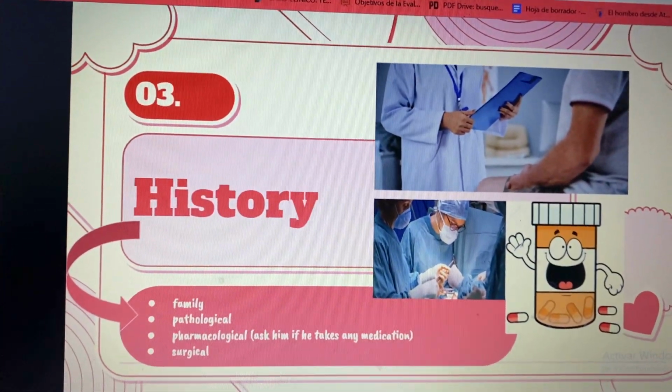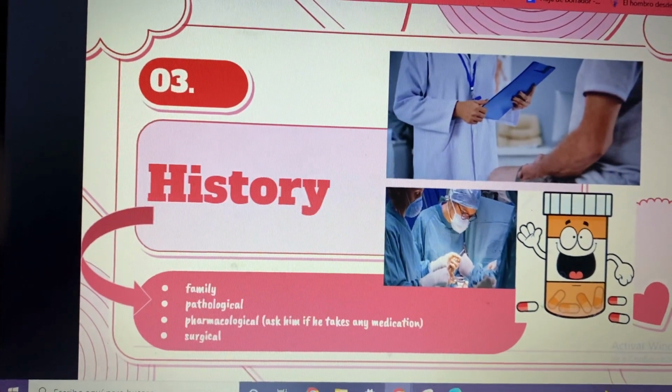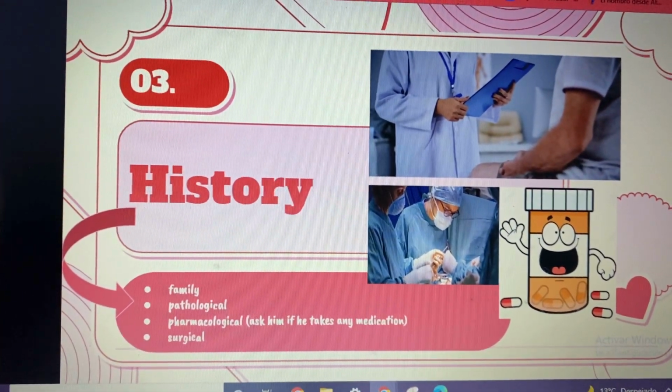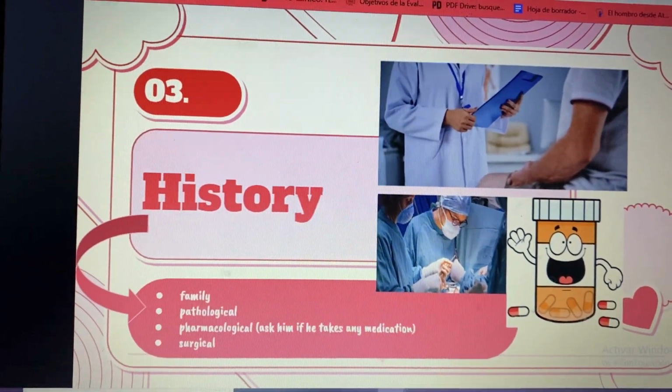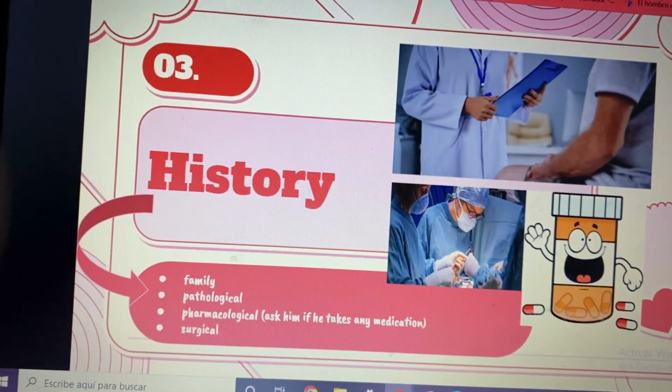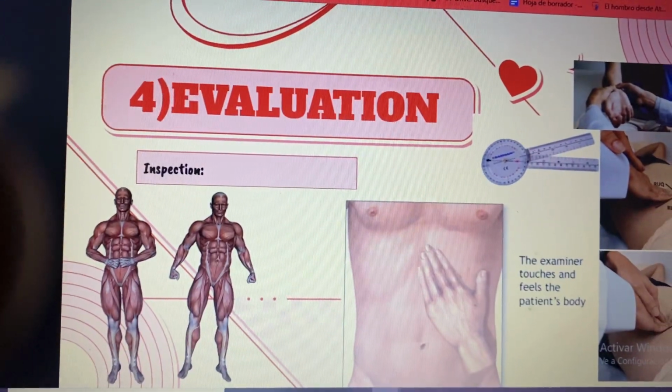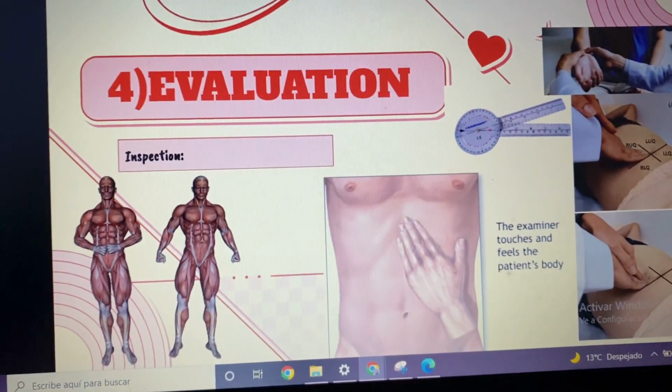Family, for example, for pathological pathology like this.